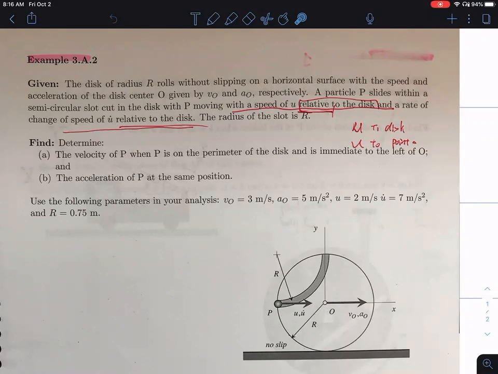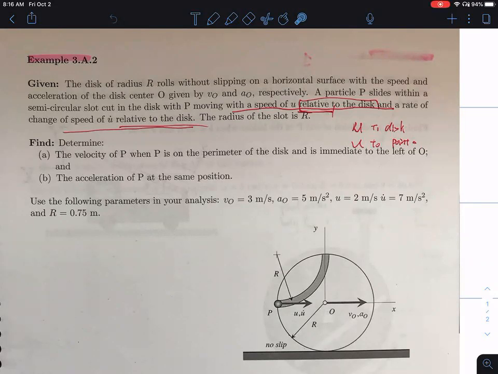Rolling without slipping is chapter 2, right? And instead of a rigid body, we have a particle moving inside, so that's a moving reference frame. That's chapter 3, what we are learning. So this is a very cool example.